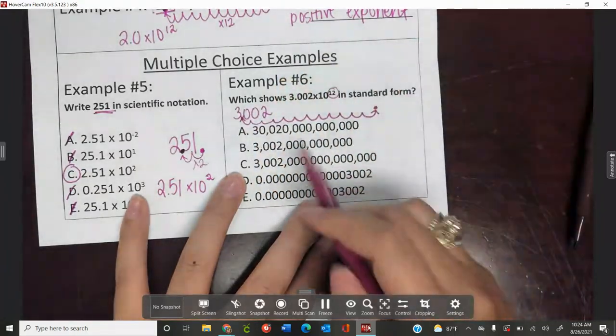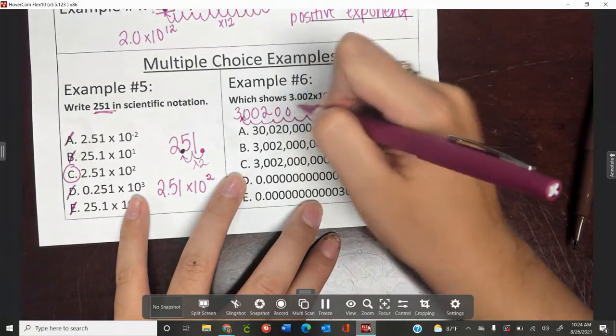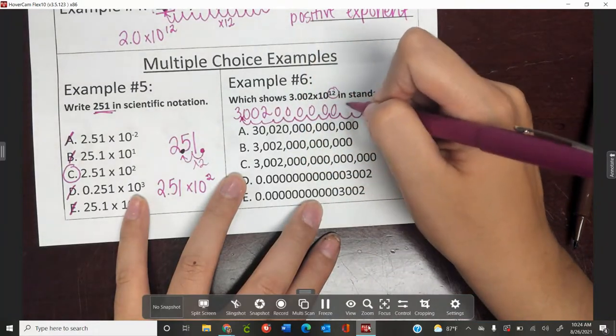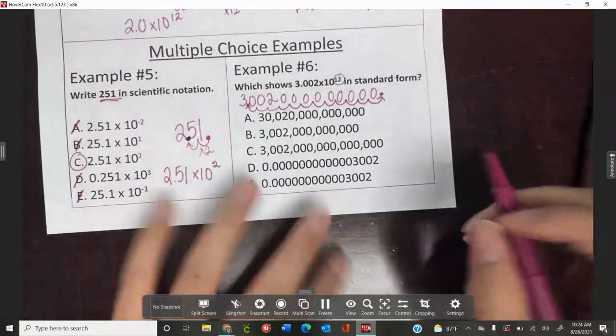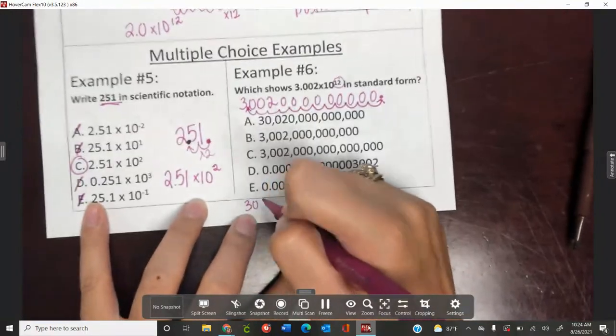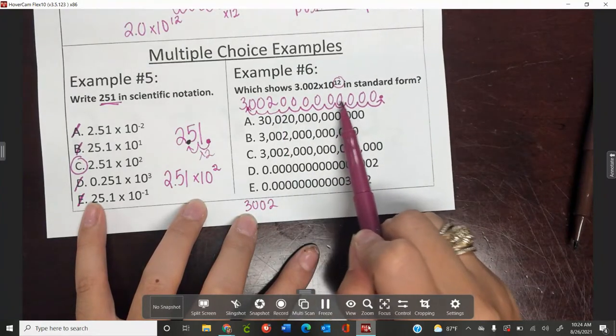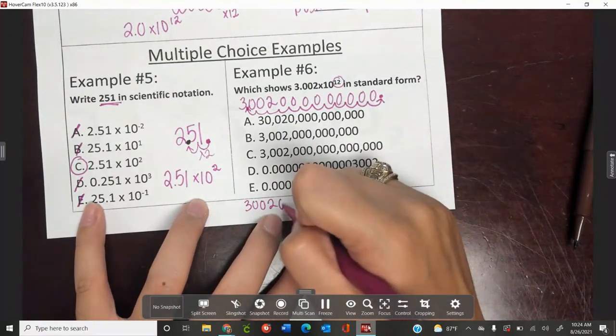This decimal gets crossed out, and then here, remember, we put zeros. Now, it's very important that you rewrite your numbers. So here, this is 3002, and we have 1, 2, 3, 4, 5, 6, 7, 8, 9 zeros after the 2.